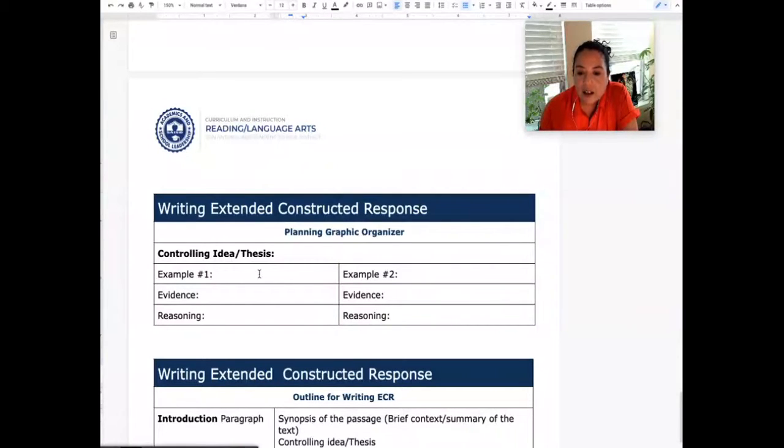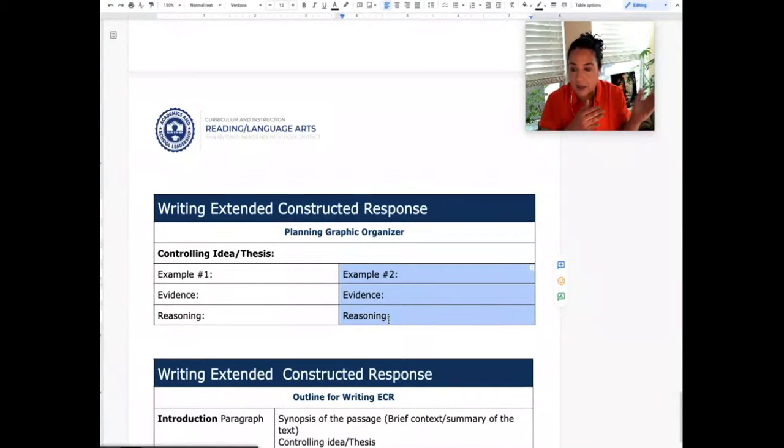And then this column here would represent the first body paragraph of an essay, with the first example statement serving as the claim that's going to support the thesis, with aligned evidence and reasoning. And then here we do it again in a second body paragraph with the second example or second claim to include evidence and reasoning.